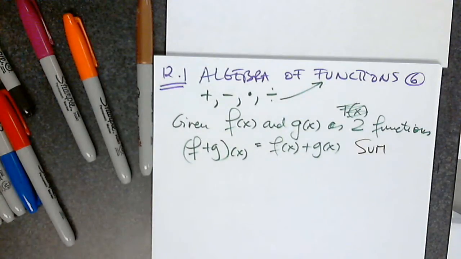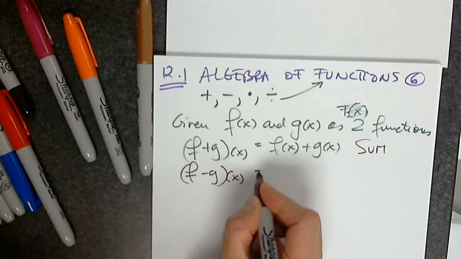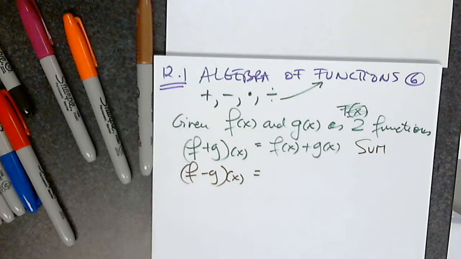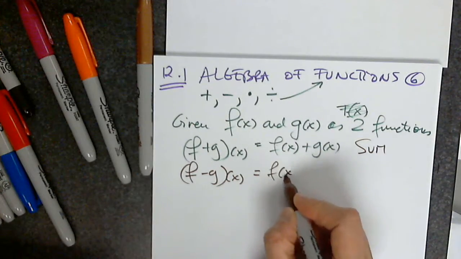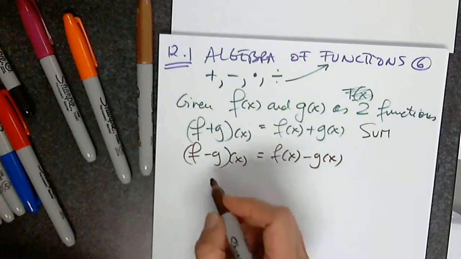So this is the sum of those two. Again, it's self-explanatory if I ask you to find f minus g of x. You will not ask for any more information from me. You will say, I know. So what will that mean? That's it. So this is the difference.